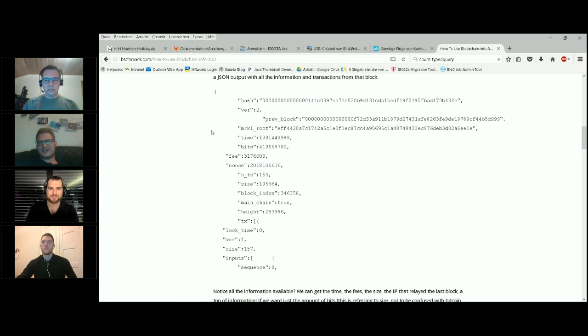So if you are interested to go deeper into it, you can also have a look at this website. But what I'm showing right now is the JSON of a Bitcoin block. I think you know JSON. It's like a representation format, kind of like XML. You first have a key, which is in this case the hash, and you have a value.